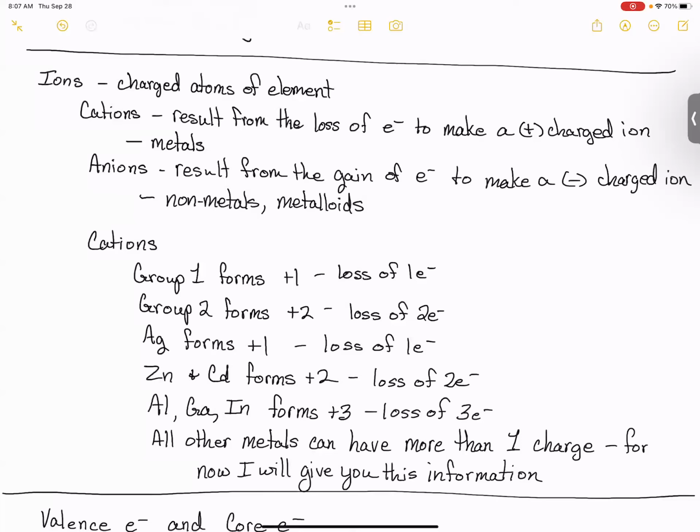For aluminum, gallium, and indium, there are 3 elements in that step, and all 3 of them form a 3+ charge. So that is one way to memorize your charges that those particular elements form. And yes, I did use the word memorize. As we get into the electron configurations, hopefully it'll be more understandable as to why they form the charges that they do, but it is a matter of memory work for most people.